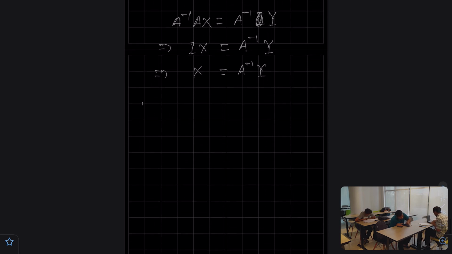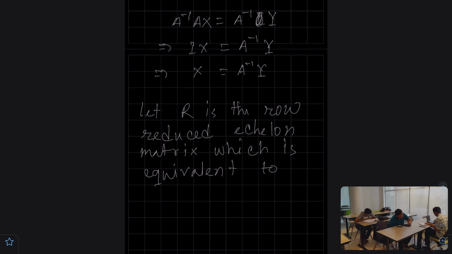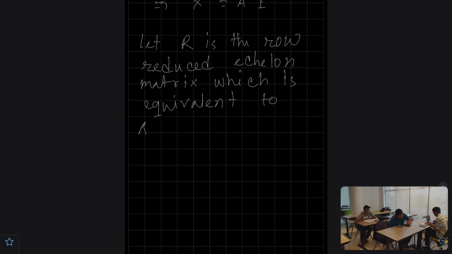Let us consider that R is the row reduced echelon matrix which is equivalent to A, and we wish to show R equals the identity matrix.